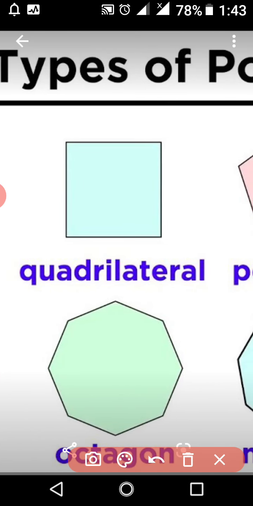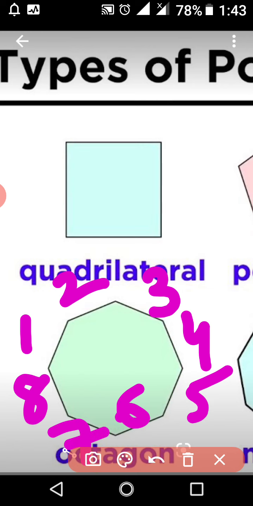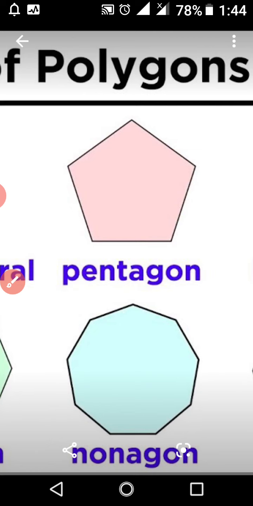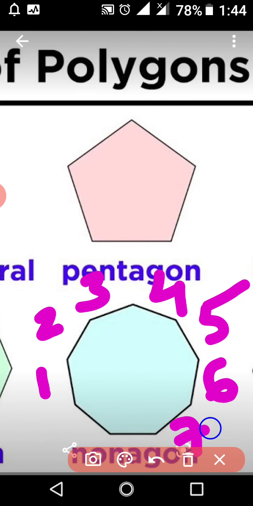Now, 1, 2, 3, 4, 5, 6, 7, 8. A polygon which has 8 sides is known as an octagon. 1, 2, 3, 4, 5, 6, 7, 8 and 9.